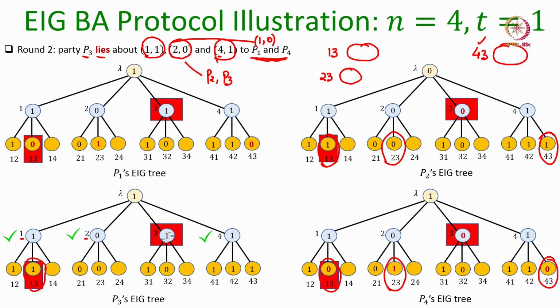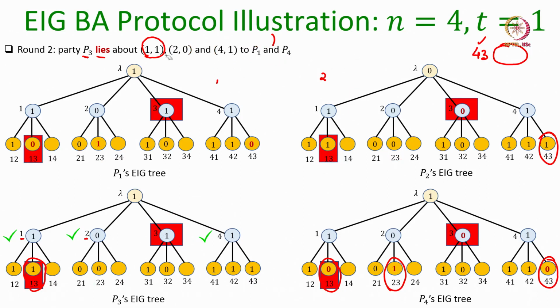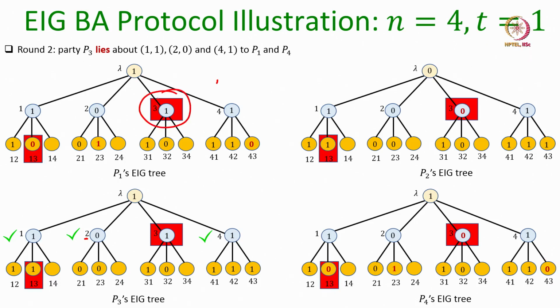So, again, now you can see, if I look across all the EIG trees, there are several nodes where different parties have assigned different values to a node with some specific label. For instance, the node with label 3 has different values across different EIG trees, because during round 1, 3 lied.